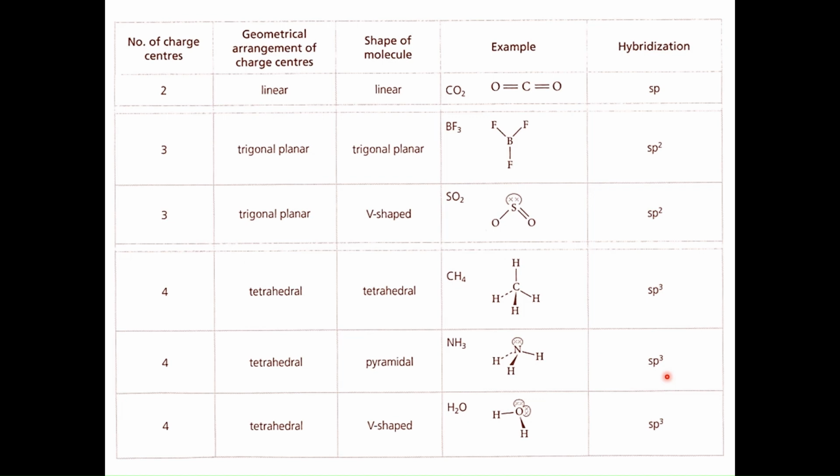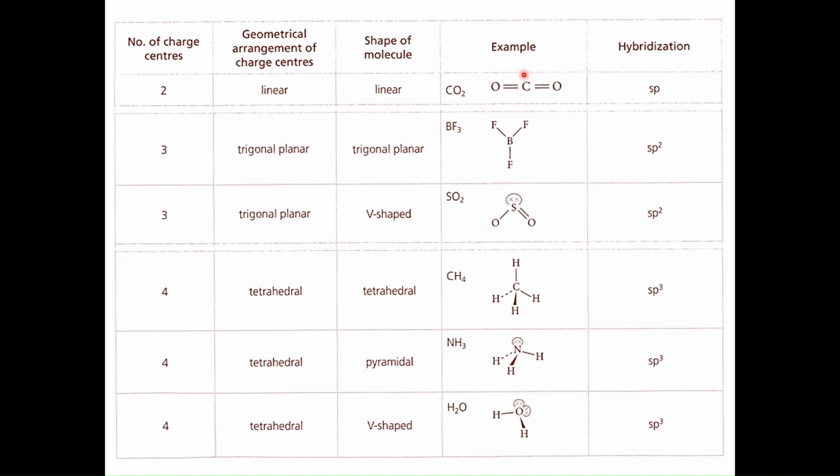And so in sulfur dioxide, we know that sulfur is forming a double bond with oxygen. And it's only forming one double bond here, which means it needs one free p orbital to create that pi bond. The only hybridization that allows for that is sp2. Carbon dioxide, on the other hand, needs two free p orbitals to create two separate pi bonds on either side of the central atom.